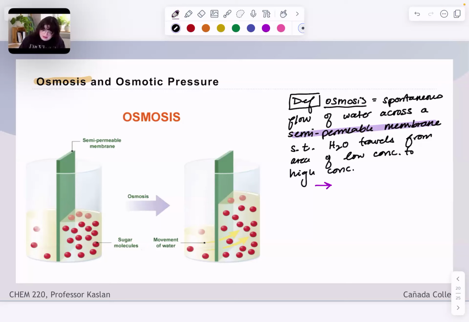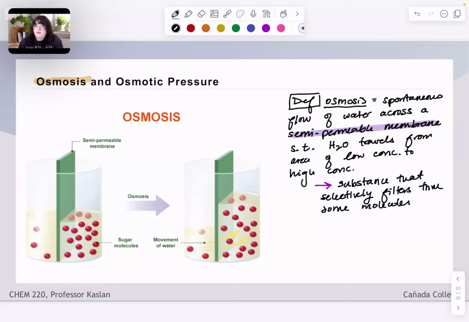But a simpler way to think about a semi-permeable membrane is some kind of substance that selectively filters through some molecules.